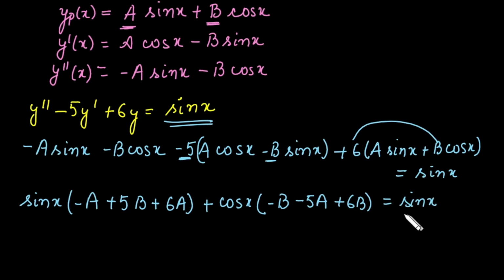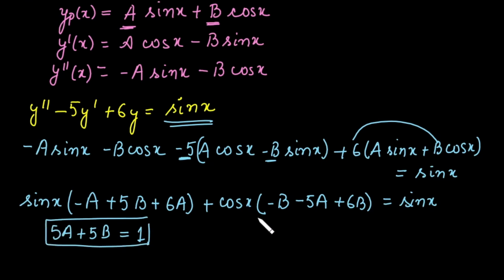Now compare the coefficients. In this case, the sine x coefficient is minus a plus 5b plus 6a, that is 5a plus 5b. That is the coefficient of sine x. What is the coefficient of sine x on the right hand side? That is the 1. So this is the first equation we are getting. From here, the coefficient of cos is minus 5a plus 5b. In this case, the coefficient of cos is 0.